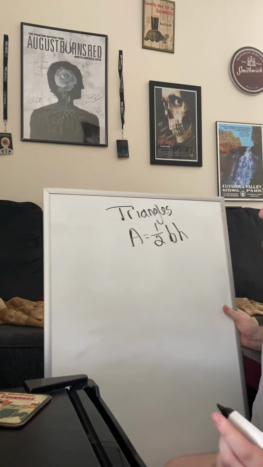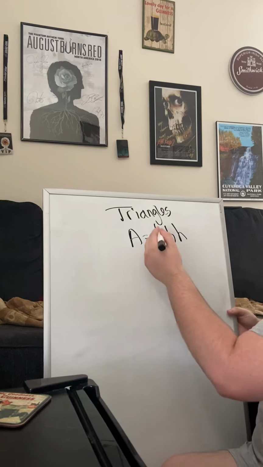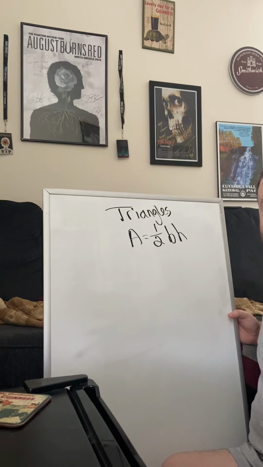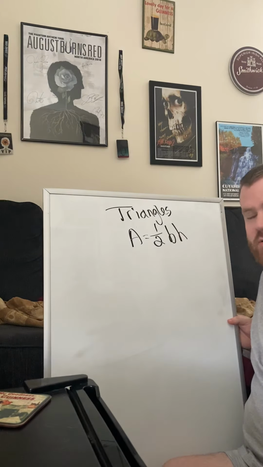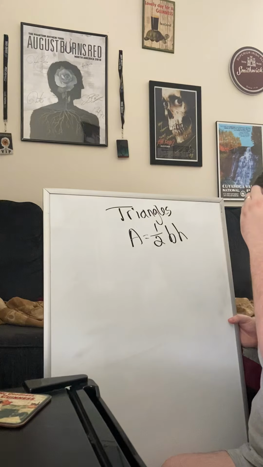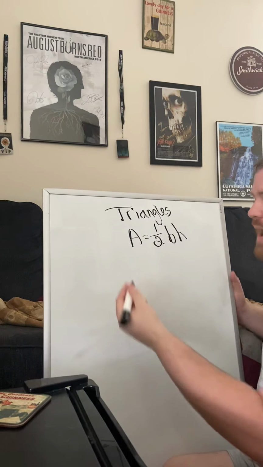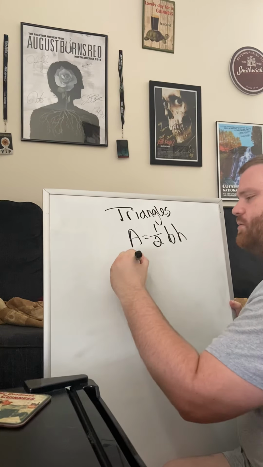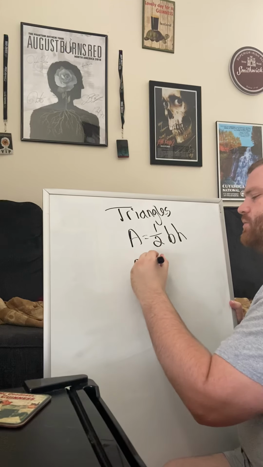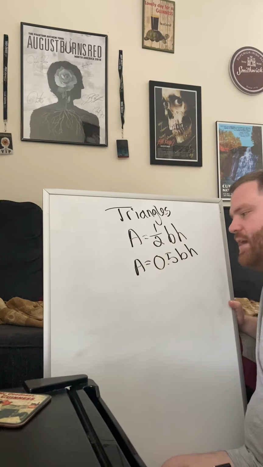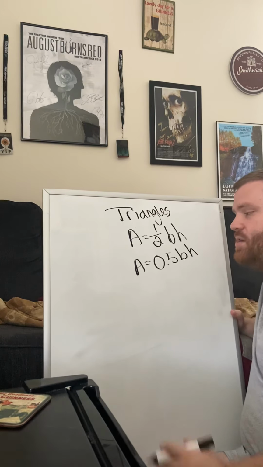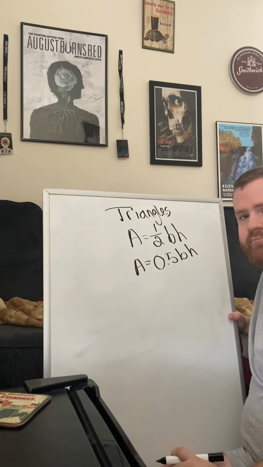Now, what I like to do usually is turn that 1/2 into a decimal, all right? The way you do that is 1 divided by 2 on your calculator, and you get 0.5. So the formula I like to use for area of a triangle is area equals 0.5 times the base times the height, okay? That's going to be my formula, right?